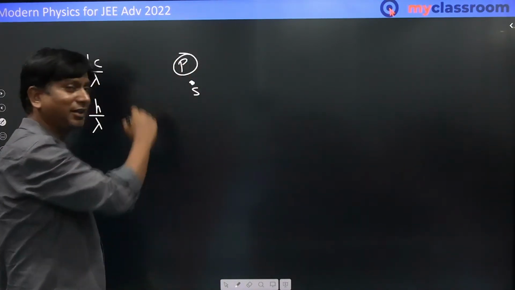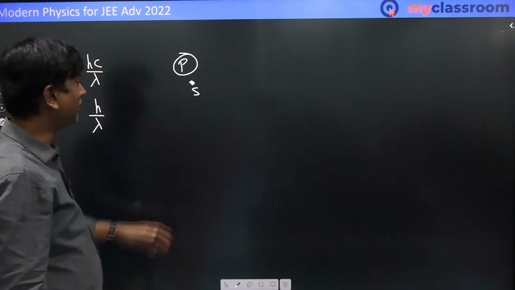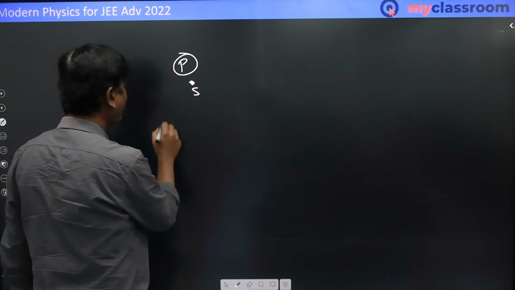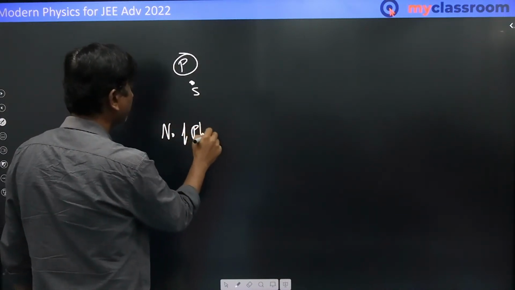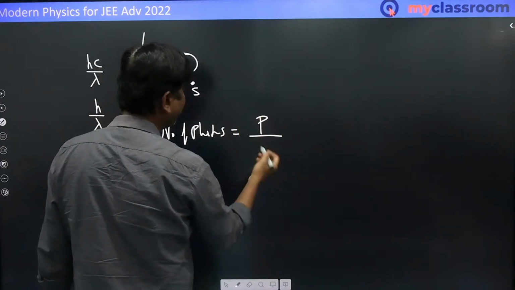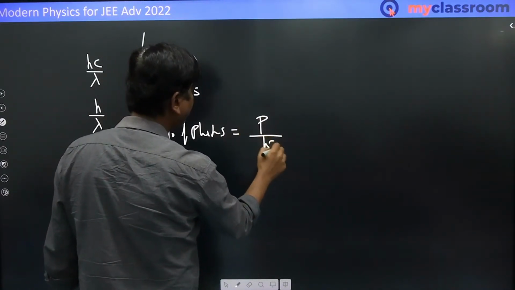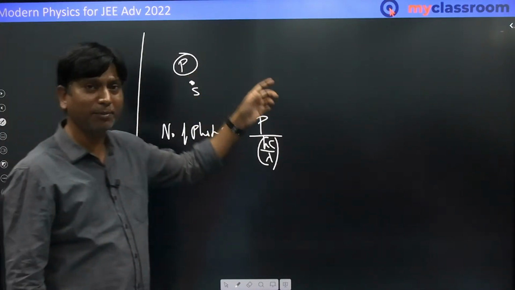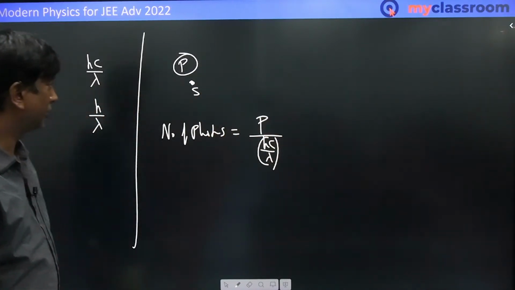If it emits with power P, that means it emits P energy per second. So the number of photons equals power divided by the energy of each photon, hc by lambda, which gives the number of photons emitted by this source.